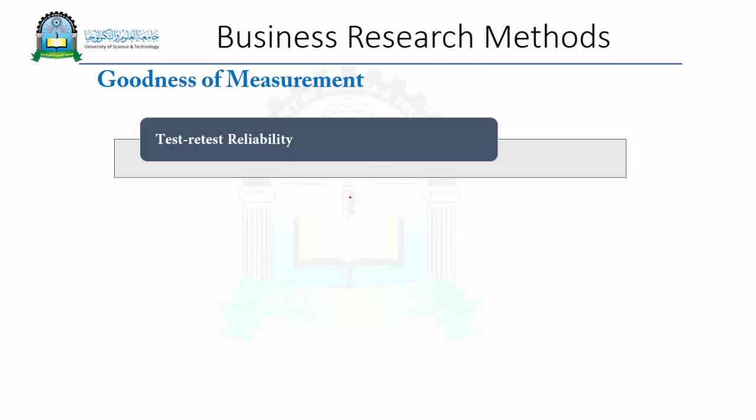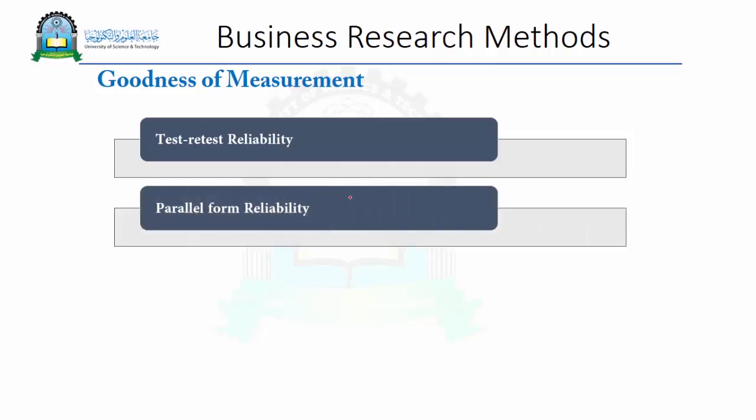If the result is the same, that means it's consistent and reliable, otherwise it is not reliable. The second one is parallel form reliability. That means I test the questionnaire with another questionnaire prepared by somebody else and find out whether there is a correlation or not.